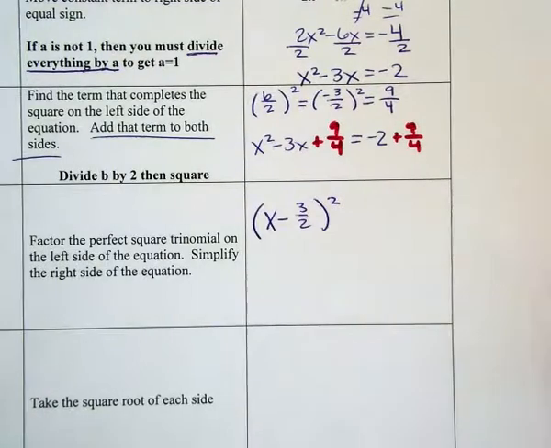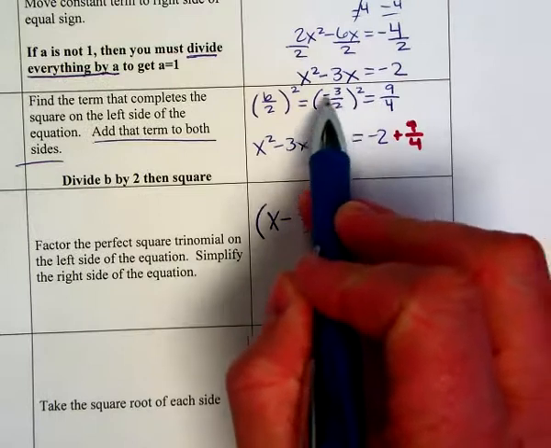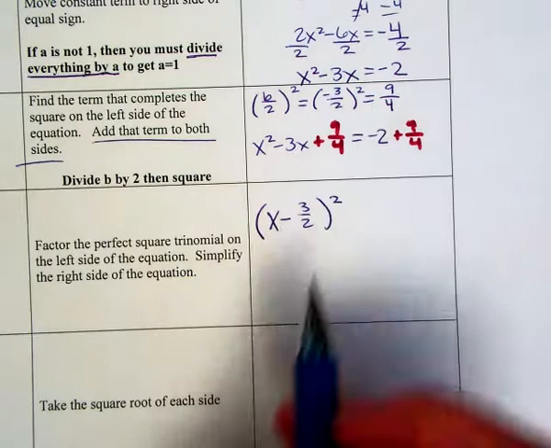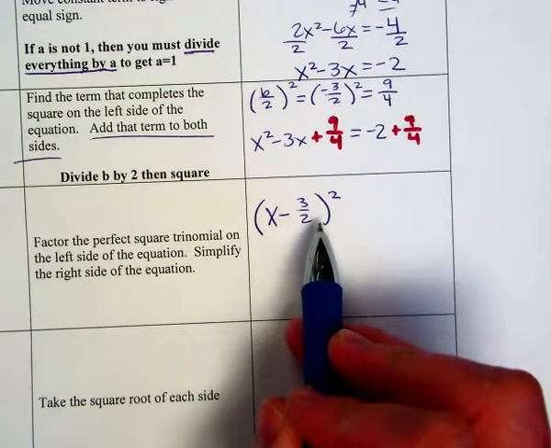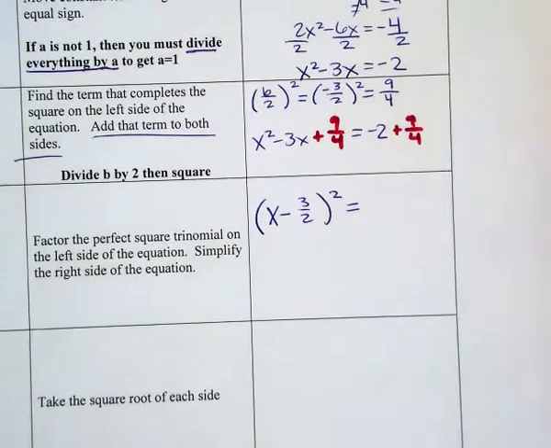It will always work that way. Guaranteed. So, that number in parentheses, the negative 3 over 2, before I squared it, that number right there is what's going to go in parentheses when I'm done factoring. Always, every single time.